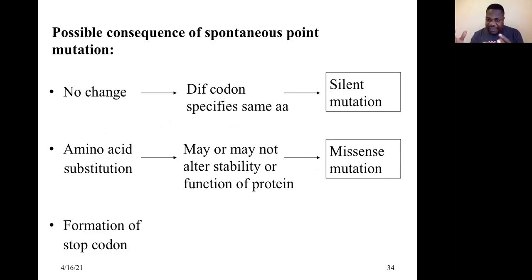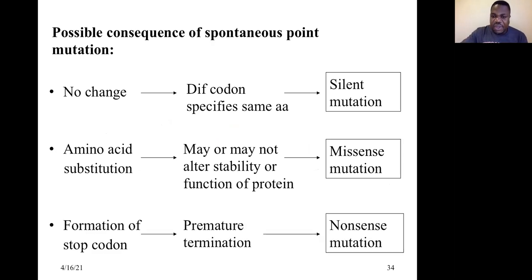So it can be a silent mutation, it can be a missense mutation, or it can lead to a premature termination of the process by the formation of a stop codon. That's what we call a nonsense mutation. So there is a difference between silent mutation, missense mutation, and nonsense mutation.